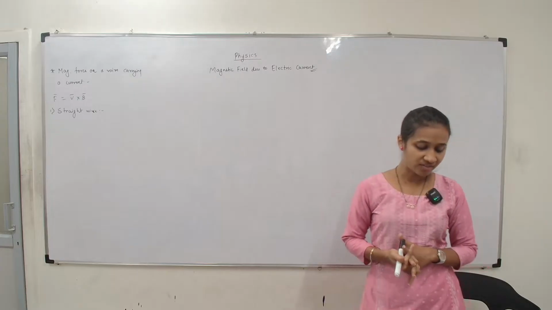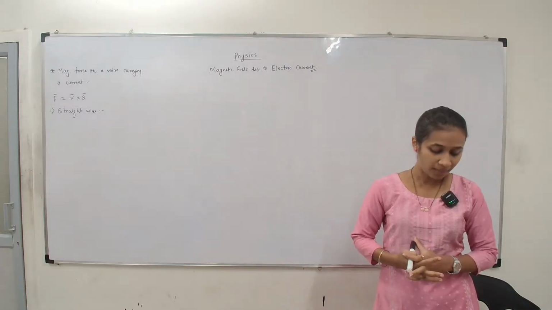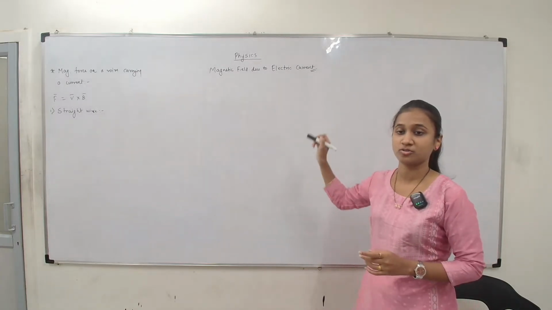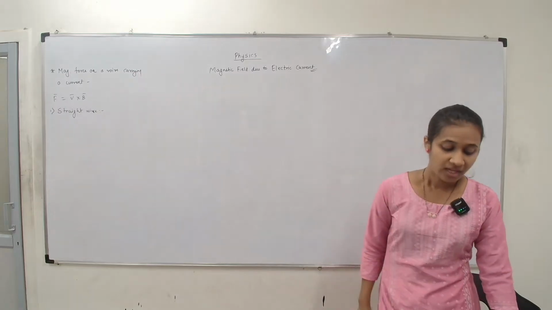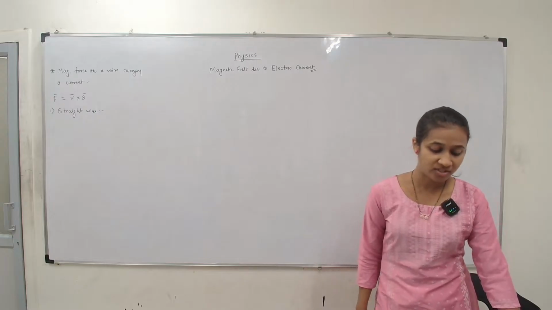So consider a straight wire of length capital L and external magnetic field B is applied perpendicular to the wire and coming out of the plane because dots are shown over there. So here the magnetic field is coming out of the plane of the paper. Let a current I flow through the wire under an applied potential difference.